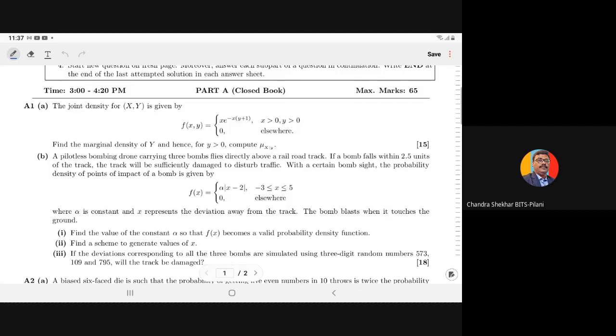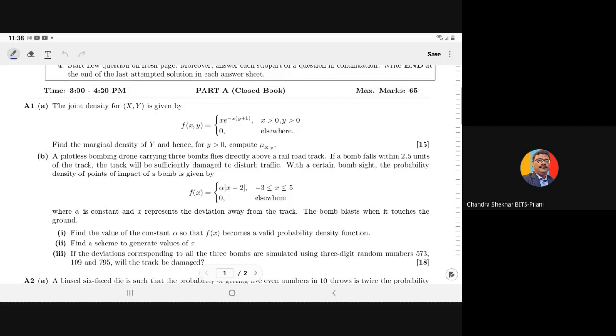So the very first question, A1A: the joint density for x, y is given by f(x,y) = x e^(-x(y+1)) for x greater than 0, y greater than 0, and 0 elsewhere.